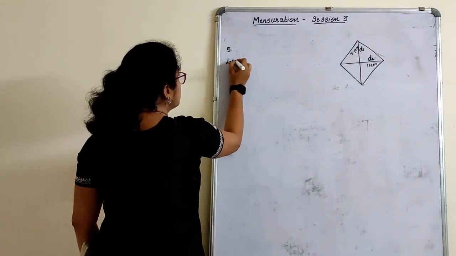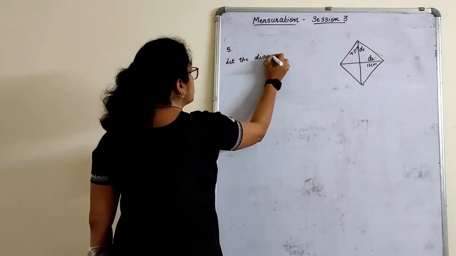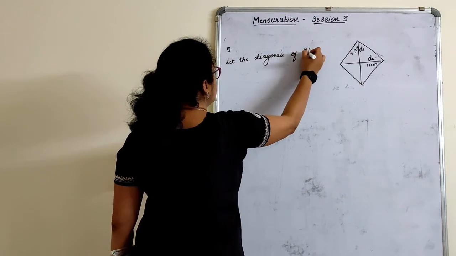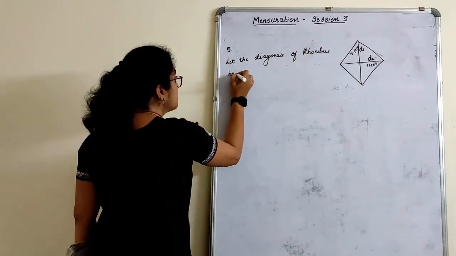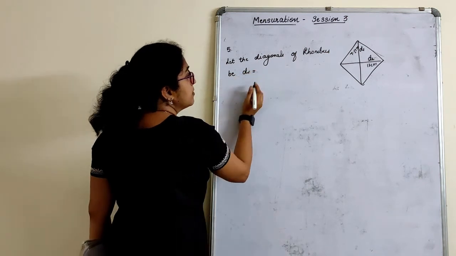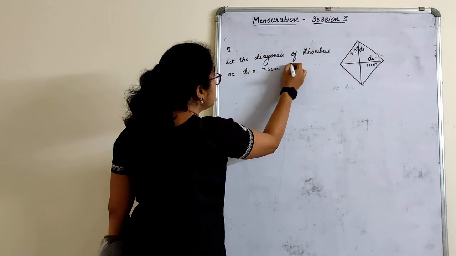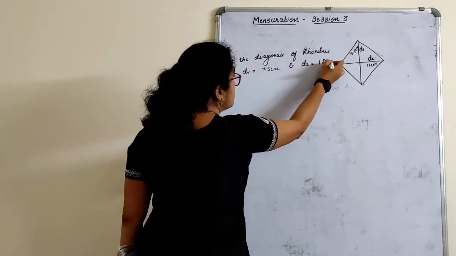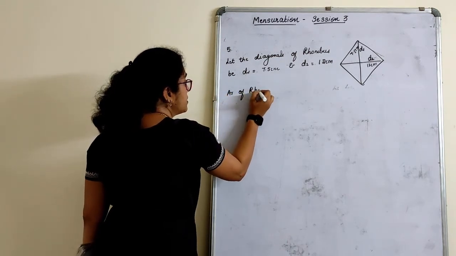Let the diagonals of rhombus be D1 that is equal to 7.5 centimeter and D2 that is equal to 12 centimeter. Area of rhombus.